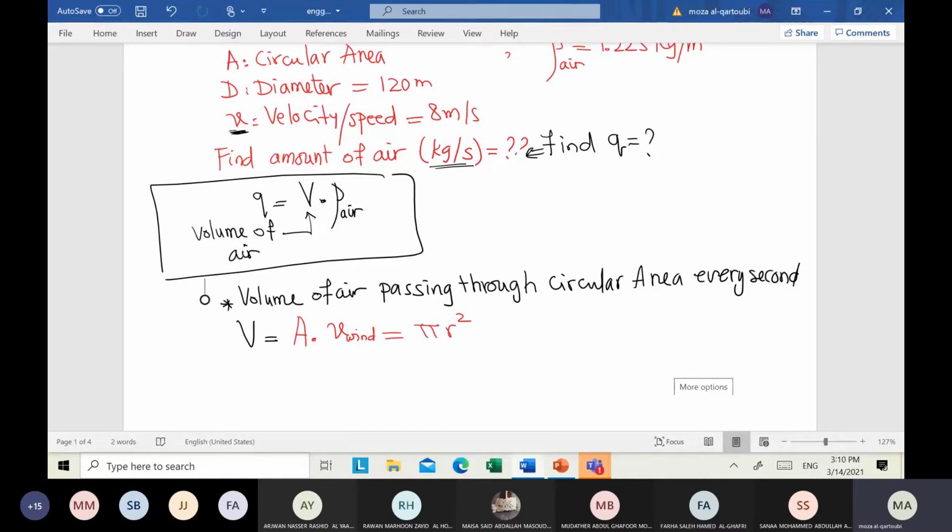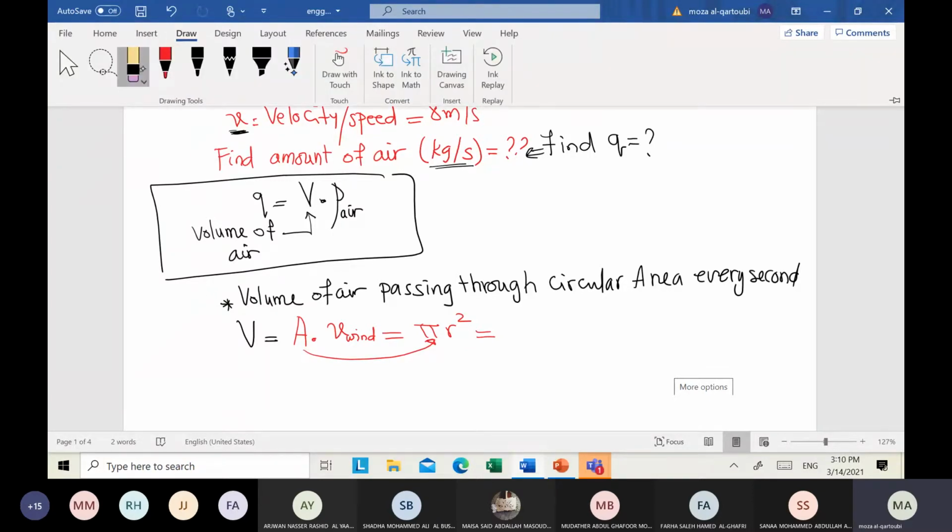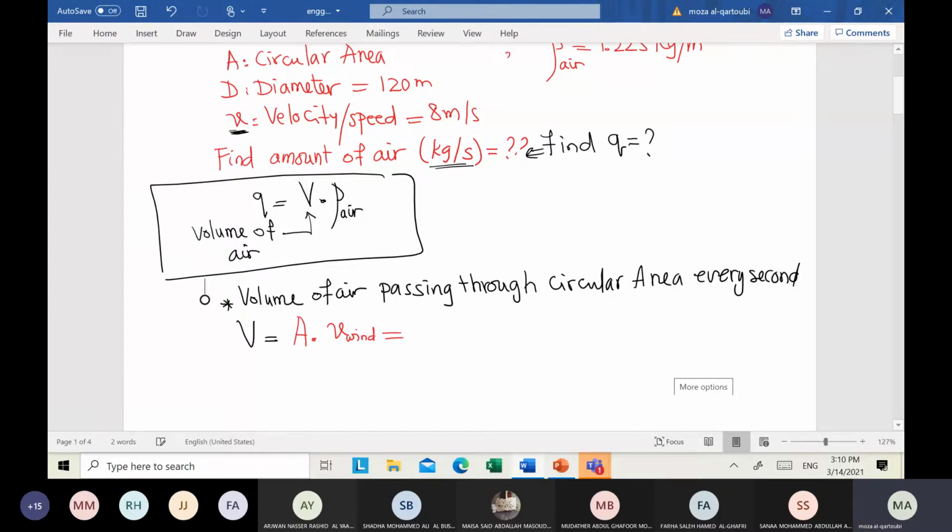But we have the diameter here, so R will be the diameter divided by 2. So this is for the area only. The area for the circular area equals pi r square.